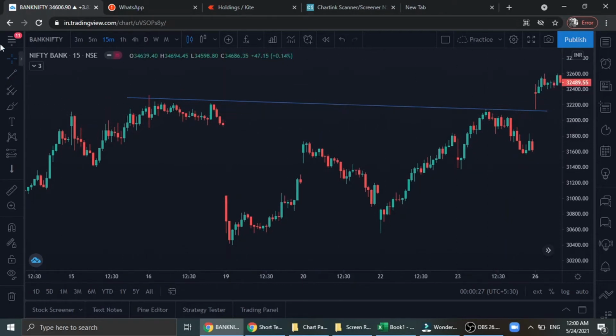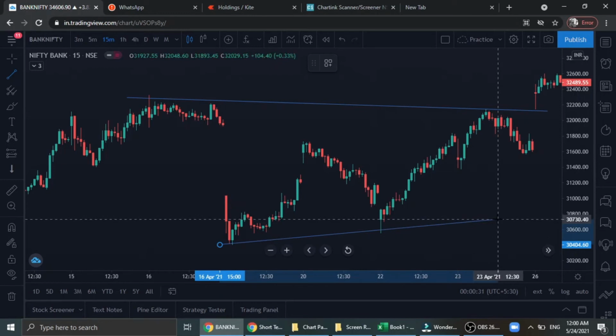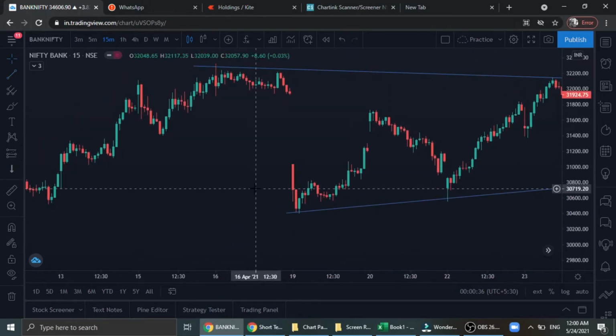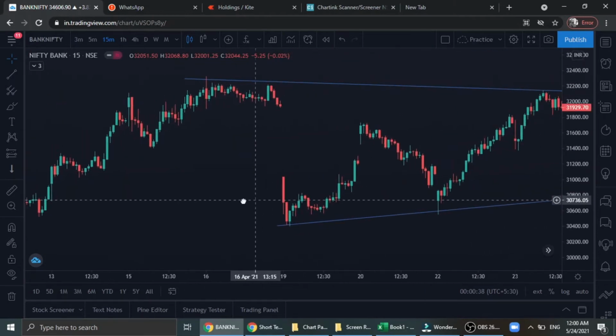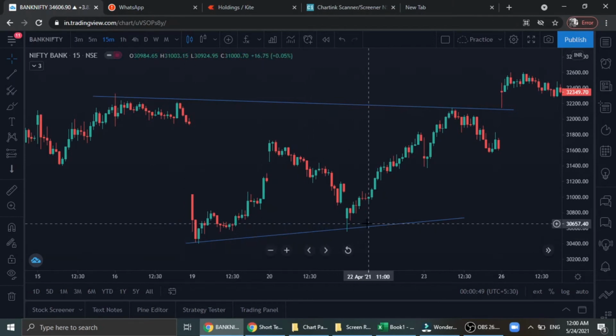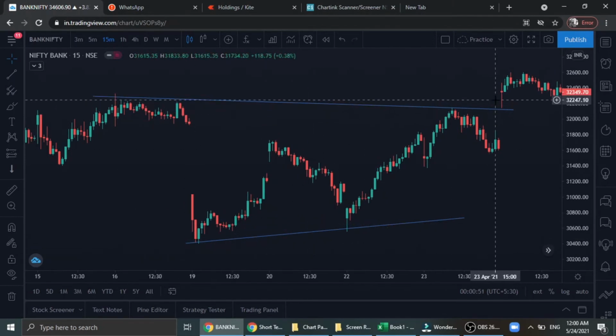And this is one more pattern that I'm going to draw. And this is one more pattern with these support lines and resistance lines. Then it took breakout here.